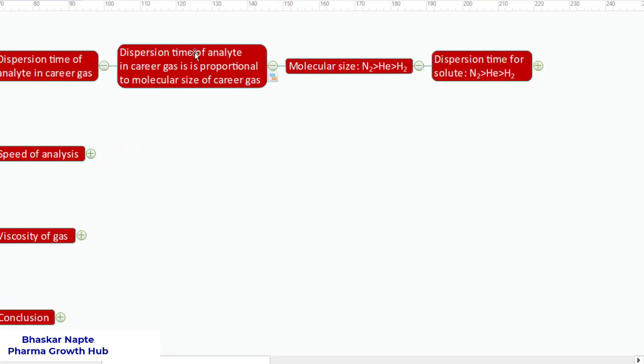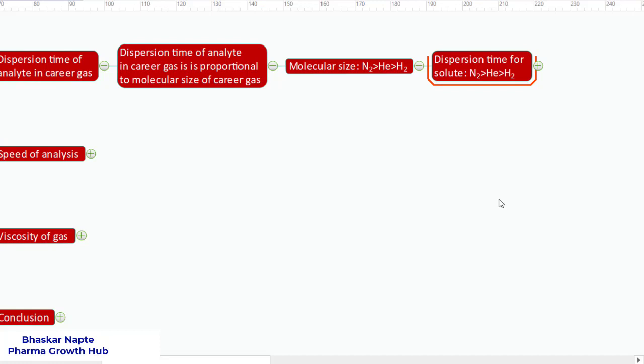So according to this definition, that the dispersion time of analyte is proportional to the molecular size of the carrier gas, it is obvious that the analyte will take more time for dispersion with nitrogen as a carrier gas. Then comes helium and finally hydrogen.